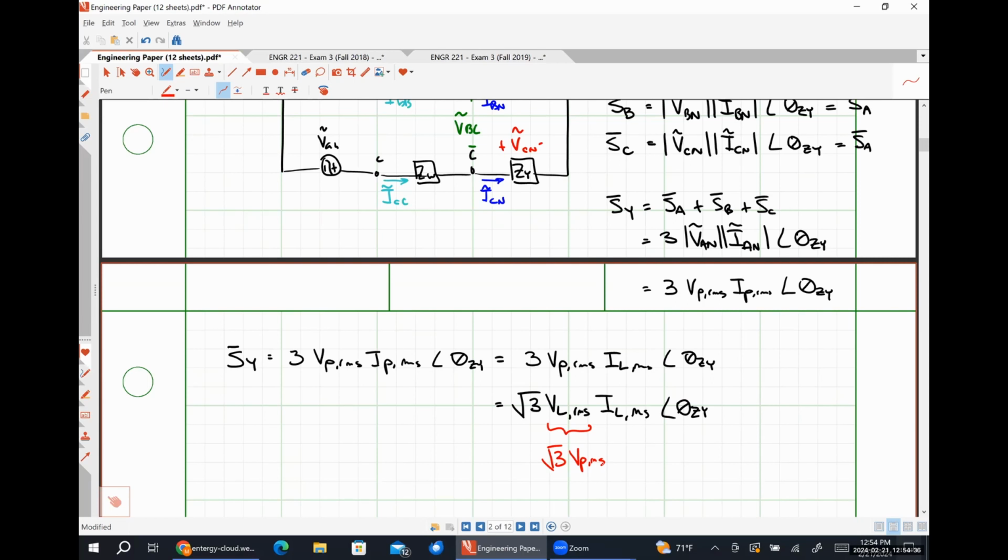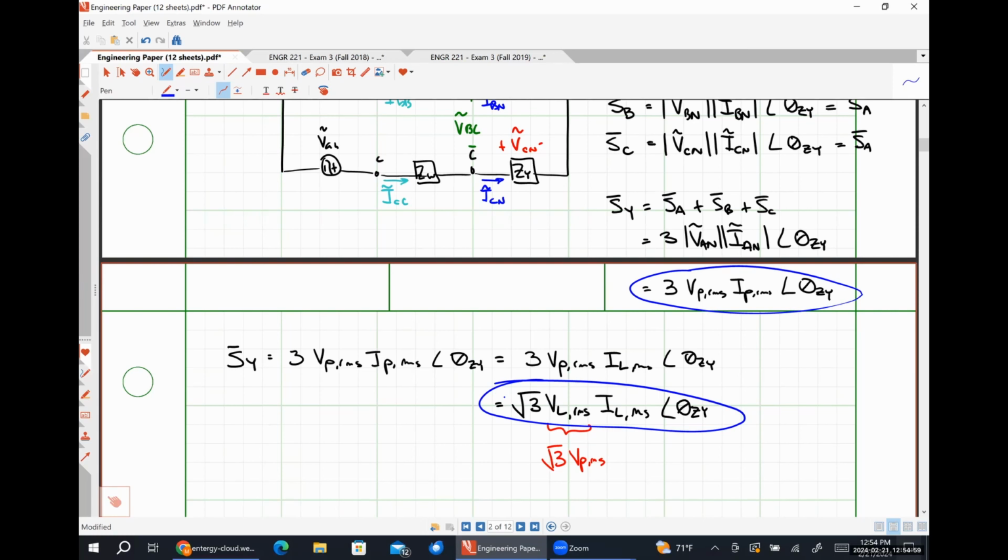Okay, so we now have this equation for our total complex power absorbed by our Y-connected load, and this equation for our total complex power absorbed by our Y-connected load.